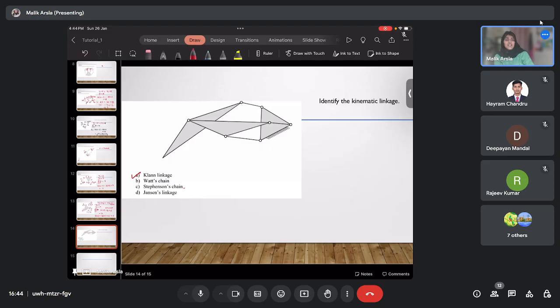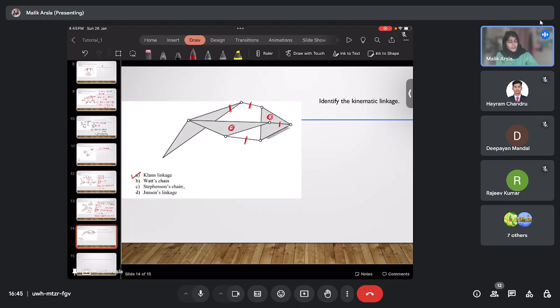In a Clance linkage, or in a Stephenson's chain, there are two ternary links connected with a binary link, and on the other end there are two links on one side and one link on another side. So this is basically a Clance linkage.